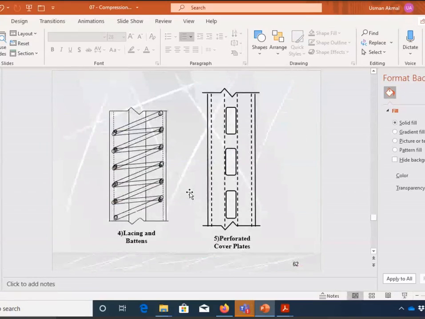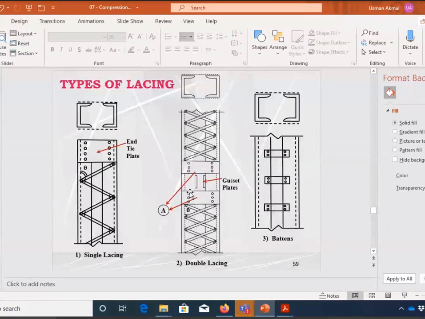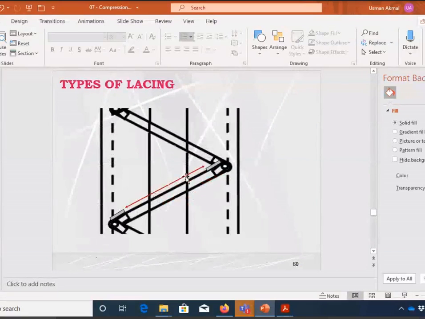But what I want to say, I will explain from here, or maybe here. You see that this is the one lacing, single lacing, and this is the one section, and this is another section. So a single lacing is resisting the shear stresses at this plane and also at this plane.